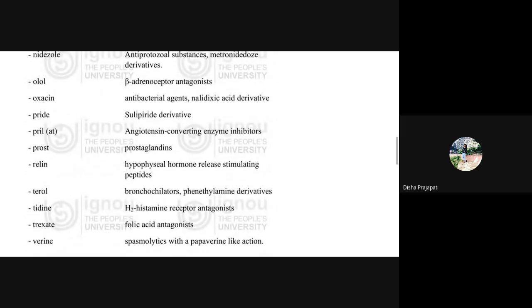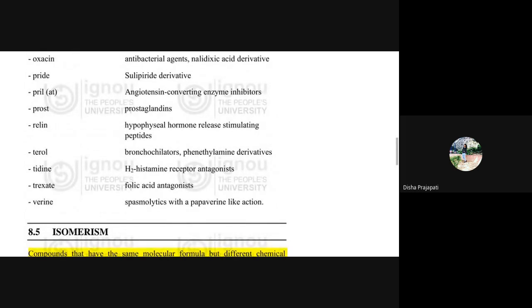Relin is hypophyseal hormone releasing stimulating peptides. Terol is bronchodilators, phenylethylamine derivatives. Tidine is H2 histaminic receptor antagonists. Trexate is folic acid antagonists, and verine is spasmolytics with papaverine-like action.